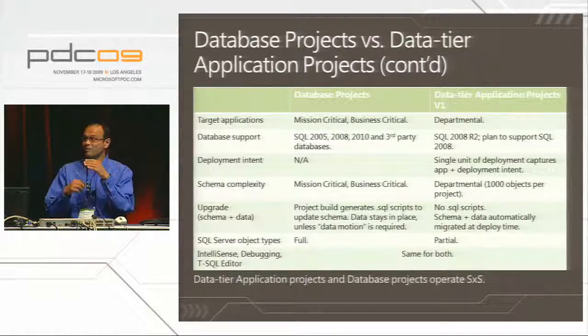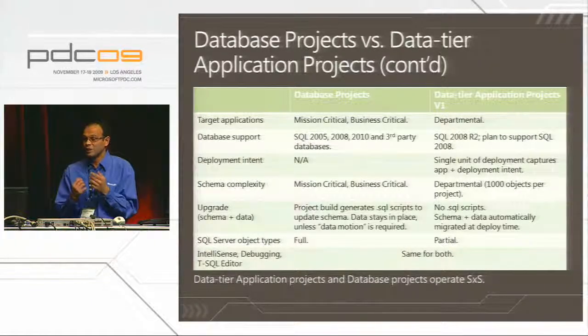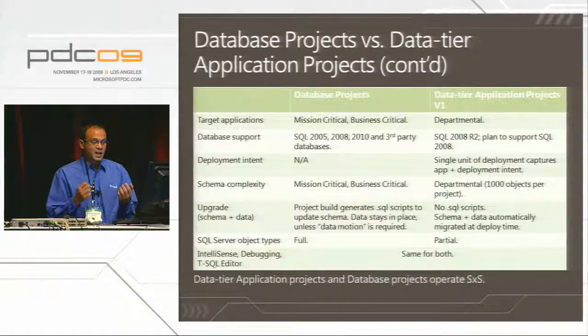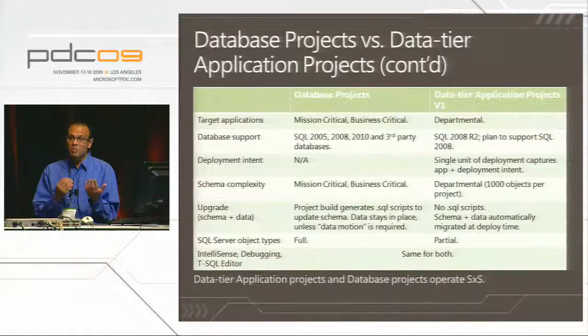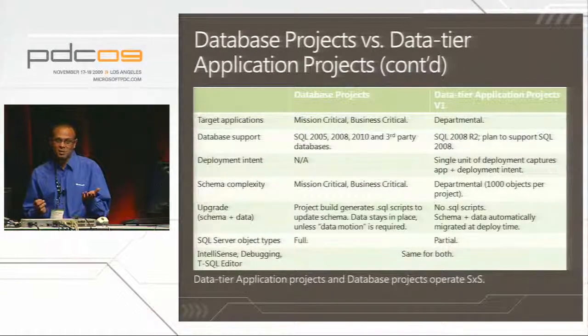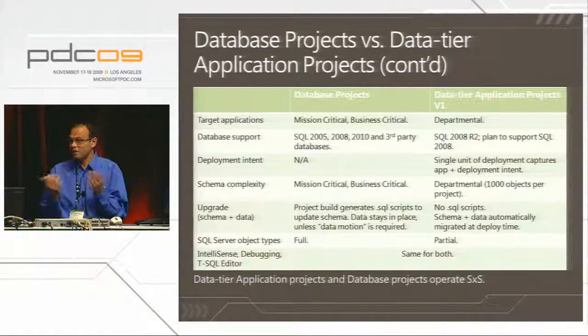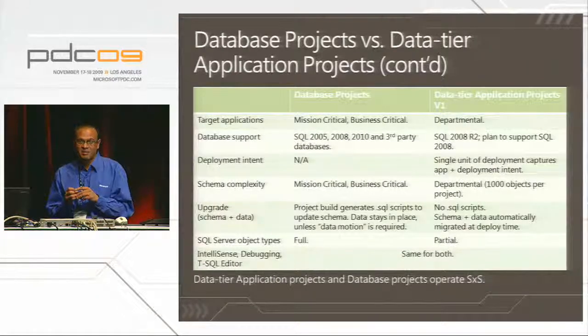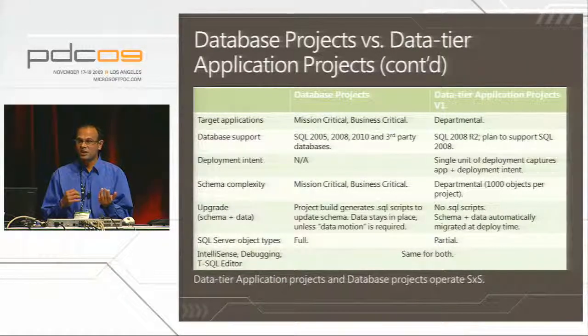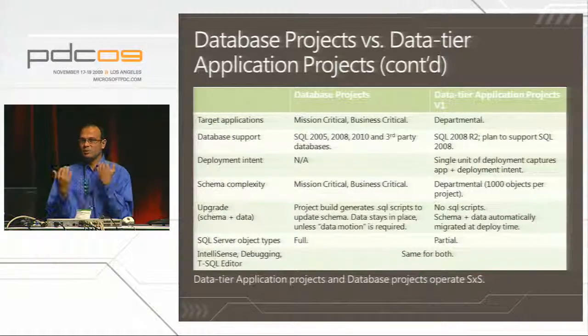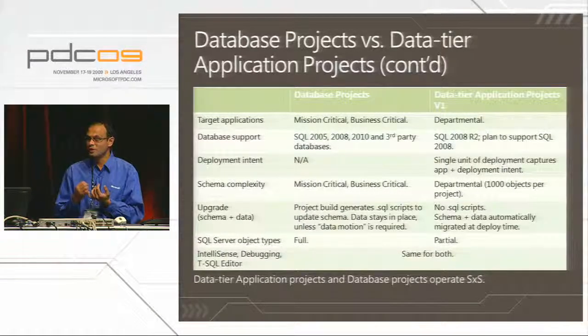So for that workload and that schema complexity, it works fine. There are also differences in the number of SQL Server types that we support. Database projects support all of them, as you know, while DAC v1 supports them partially. For example, FILESTREAM or XSD column references and so on are not supported yet.